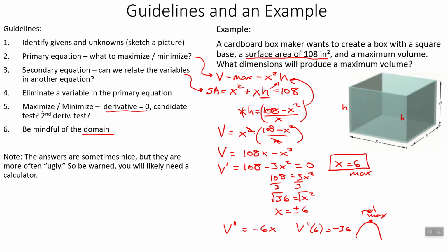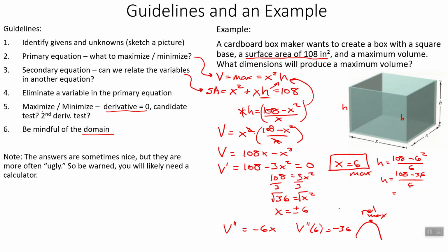All right, our other answer is going to be, what's h? Well, we can plug it back in. We get h equals 108 minus 6 squared, divided by 6. So 108 minus 36 divided by 6. I don't know that off the top of my head. It's probably a nice number.